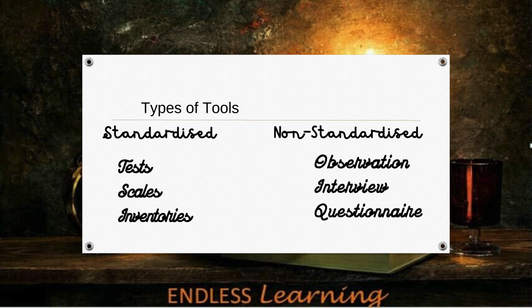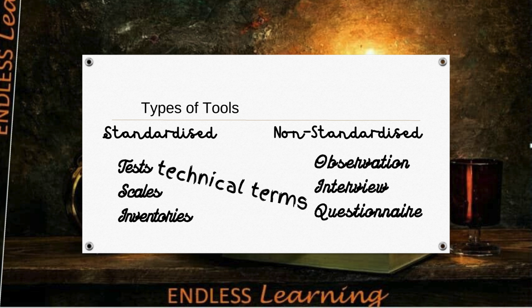In case of the tests, the responses of the students can be categorized as correct and incorrect. But as you know, in case of the scales and the inventories, there is no correct or incorrect option. We can also say that tests and questionnaires are technical terms, so they should not be used as general terms in research.